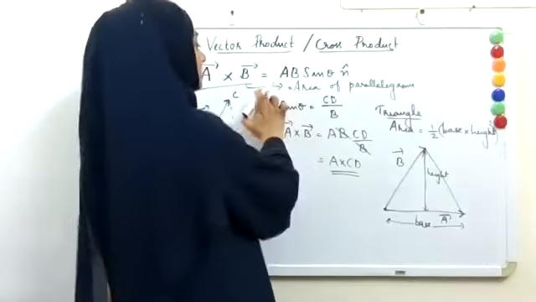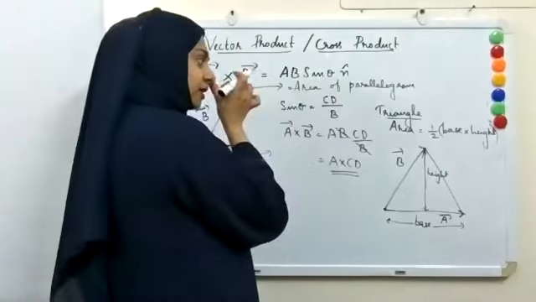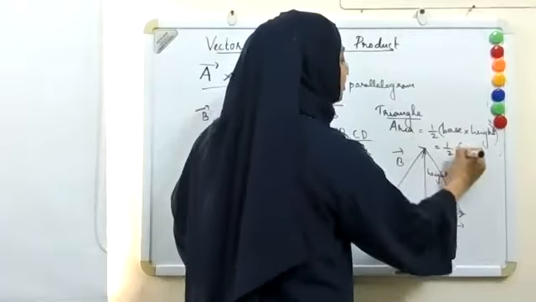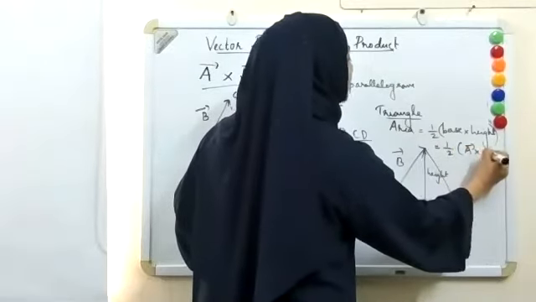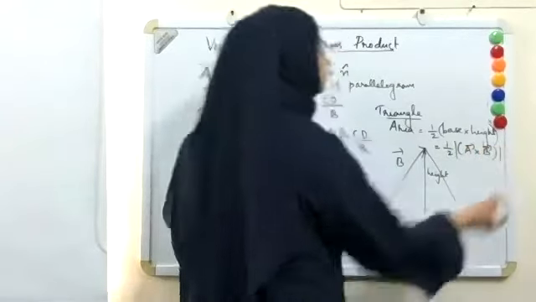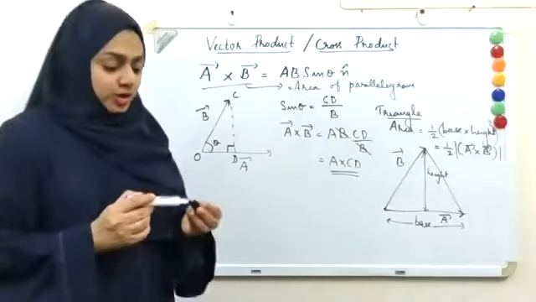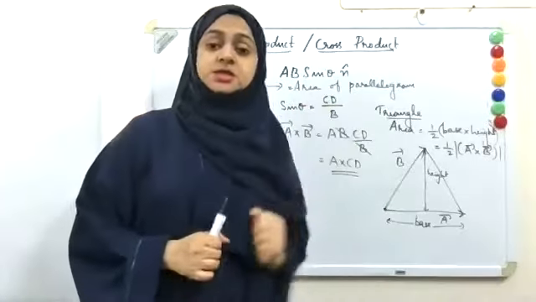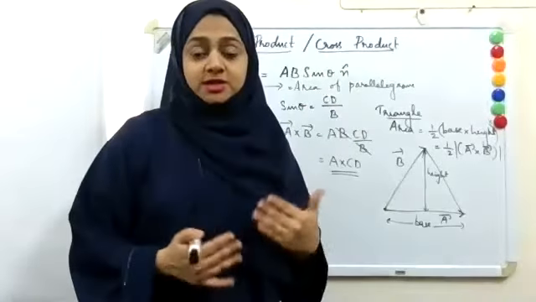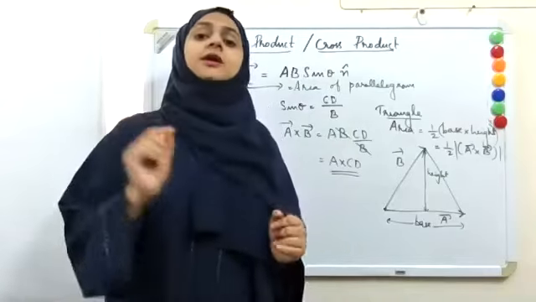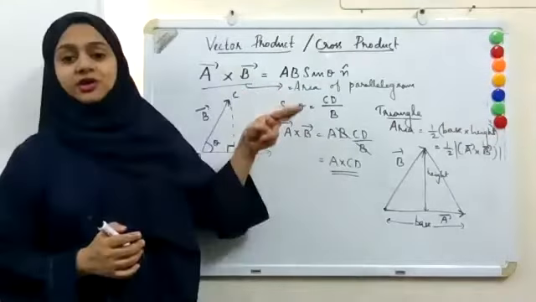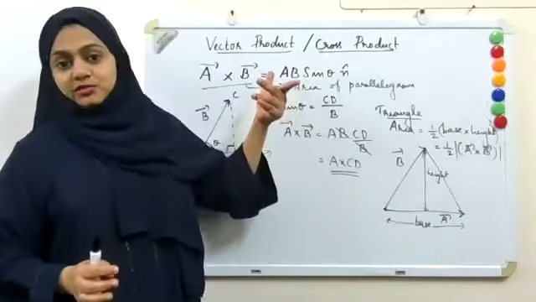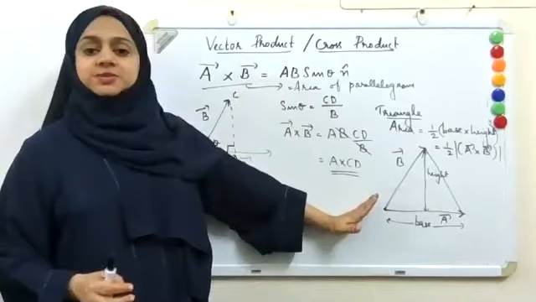So the area of a triangle is equal to half into the magnitude of A cross B. So if you have two vectors forming two adjacent sides of a triangle, you can take their cross product and take half of it, and you will get the area of the triangle. Just taking the cross product, you will get the area of the parallelogram. Are those two concepts clear to you?